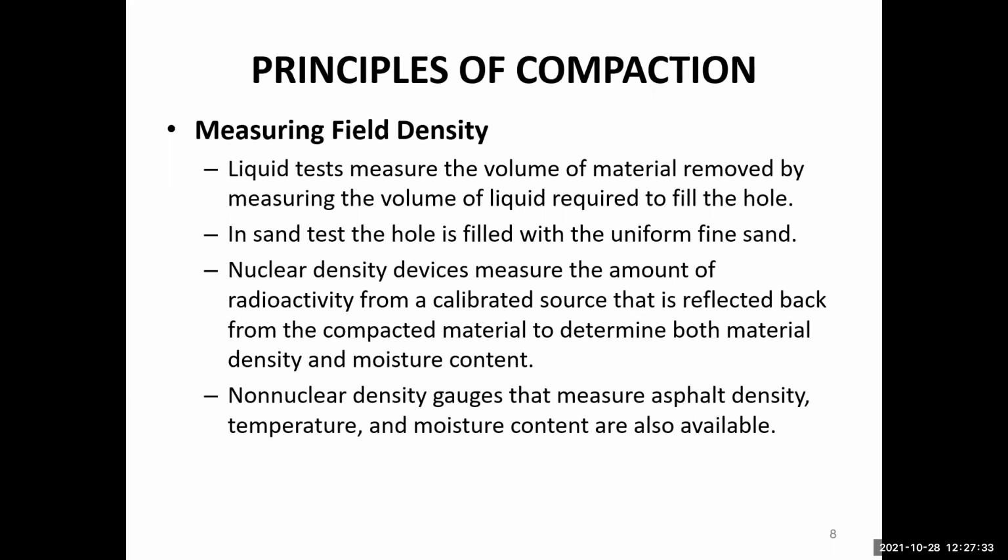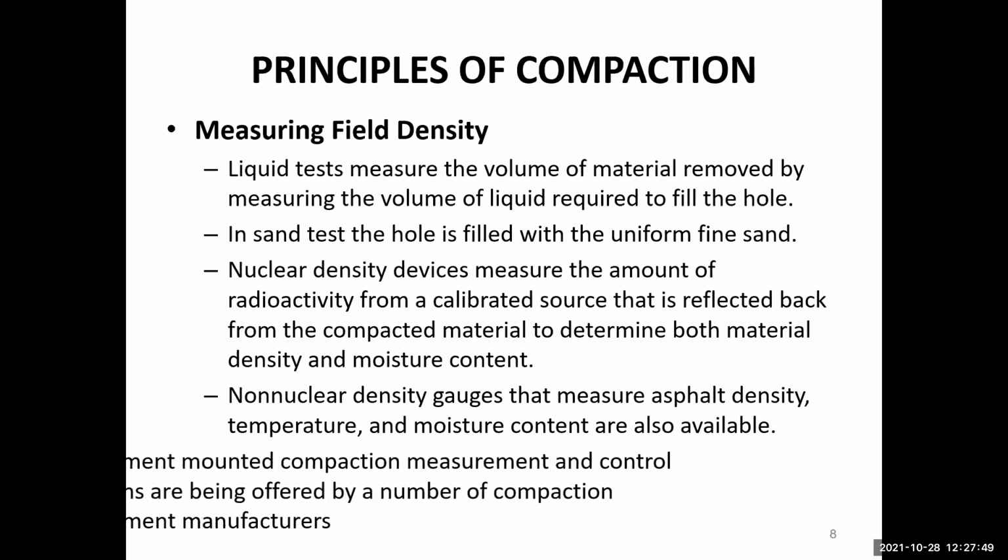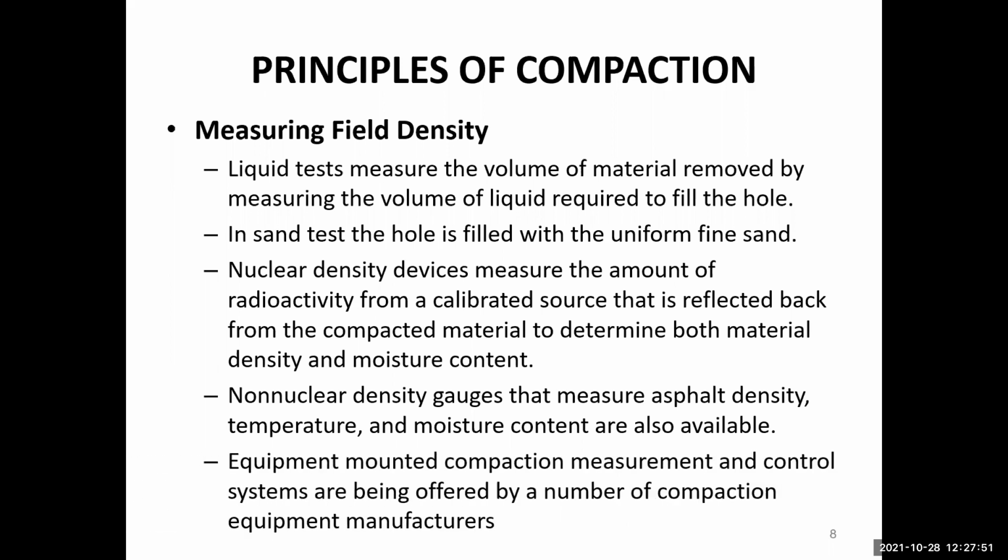With some safety issues involved with the nuclear density devices, there are some non-nuclear density gauges that are also available that measure the asphalt density, temperature, and moisture content. Equipment-mounted compaction measurement and control systems are also being offered by a number of compaction equipment manufacturers.